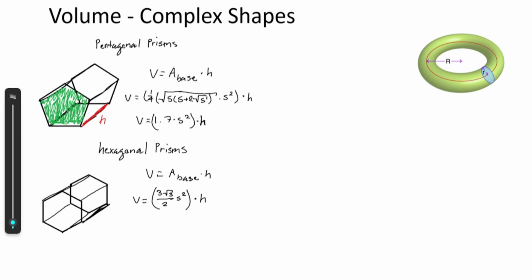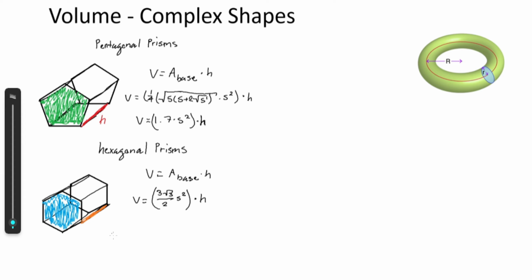If we were to use similar color scheming here, this little blue section that I'm coloring is the area of the base, and then the height is going to be this orange line that I'm drawing in. This would be the height of our prism.